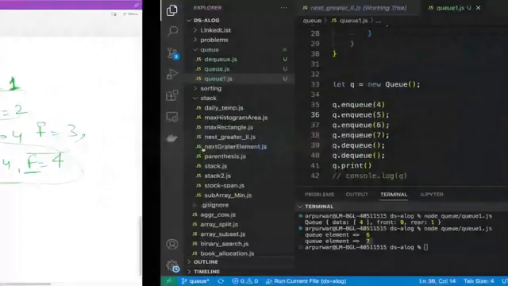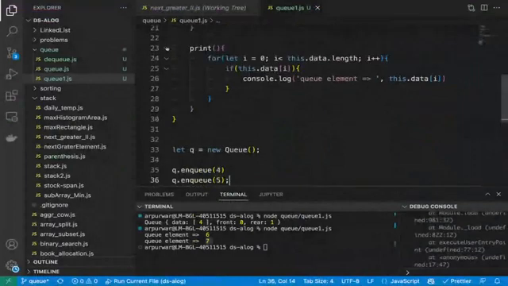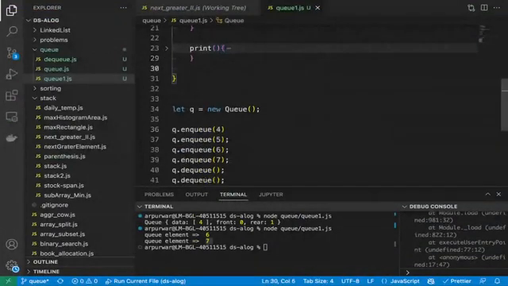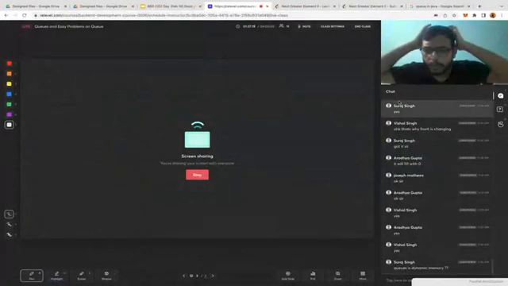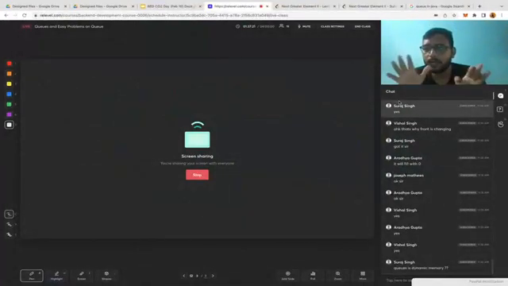But before that, we can also create a peek here, if somebody wants to know the peek element. In the queue, who will be the peek memory? One minute. Queue is dynamic memory.